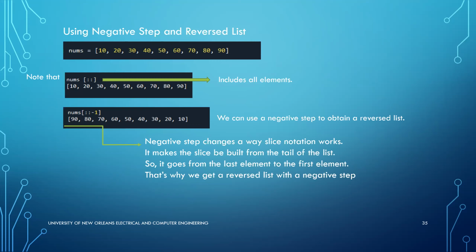All right, the next one we're going to see is using a negative step to reverse lists. Okay, again, this is the list that we'll be using so far, and before we look at the negative index increment, notice that if we simply don't have any numbers inside the brackets, and all we have is just the colon, then that means that we have all the default index values, right?